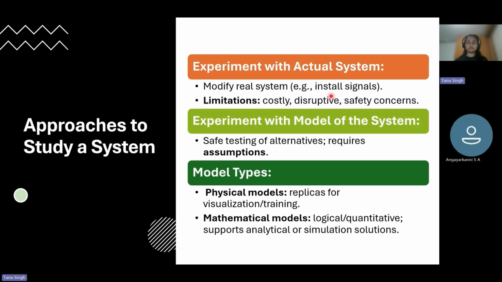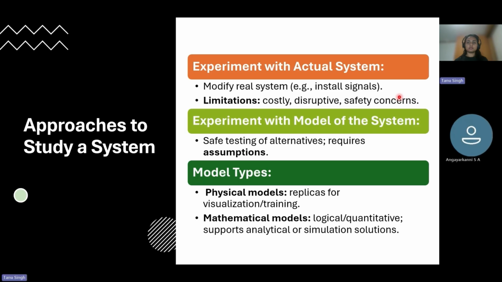These are the two ways we can study a system. If we do it on the actual system, it could sometimes be costly and disruptive, whereas if we use a model or replica of the system, there are two types.